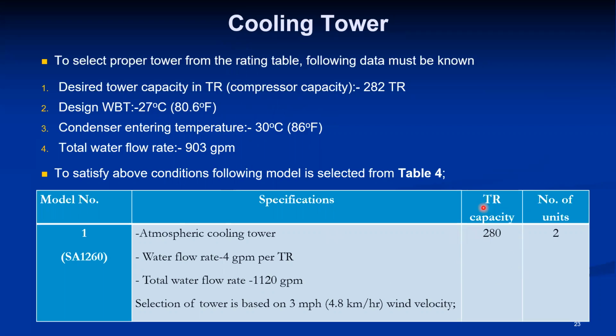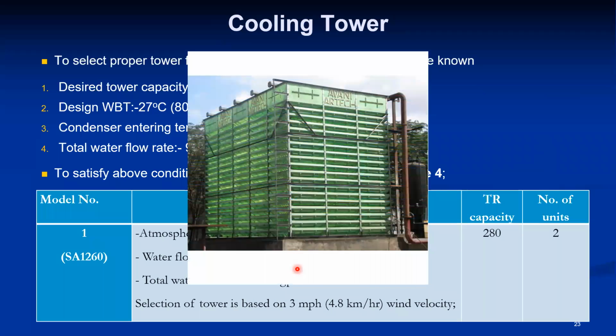So for this model, because a 280 model is available, 2 units are required, and it meets the gallon requirement as well because of 903, here slightly oversize is used. And this is an atmospheric cooling tower where no fans are used, only with the help of atmospheric air we can achieve cooling. So here the energy saving takes place, especially because it is placed in the atmosphere, and cold storages are generally installed at remote places away from the urban area.